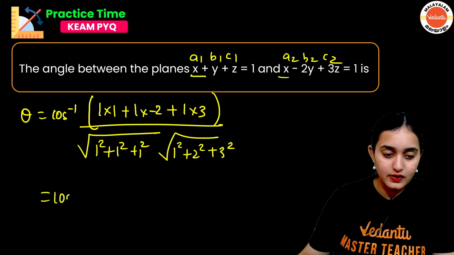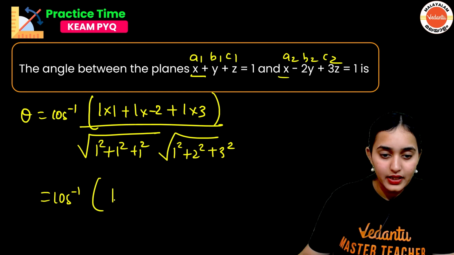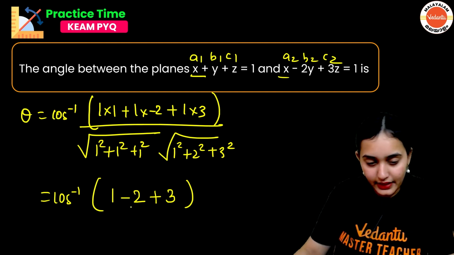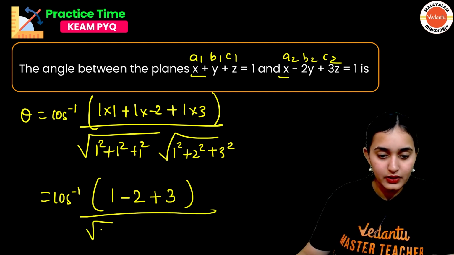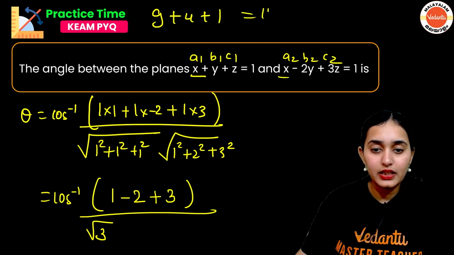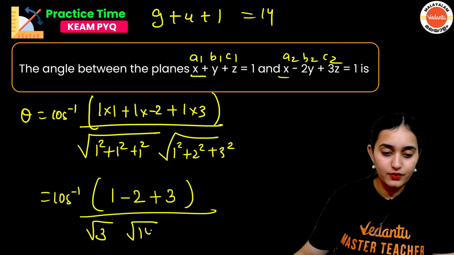So it is cos inverse of 1 minus 2 plus 3. So this is equal to 2, right? Upon root 3, and 3 3s are 9, 2 2s are 4, plus 1, 14. So square root of 14.